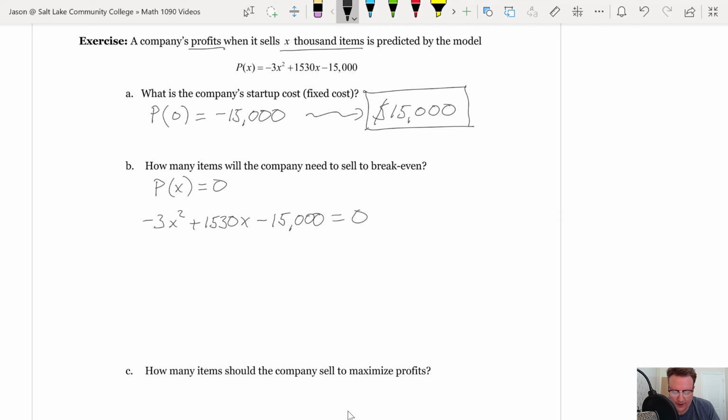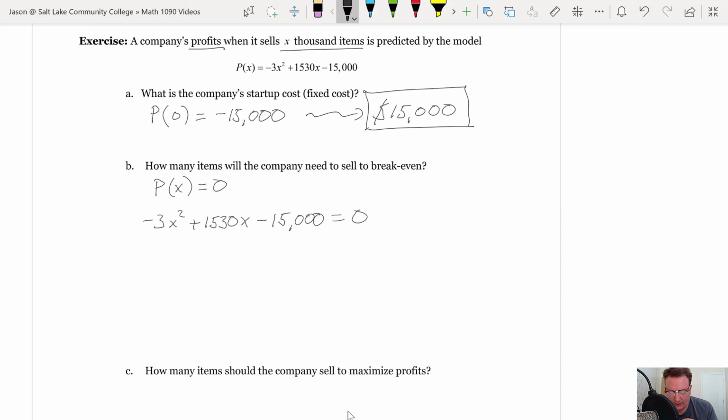I want to factor this. But before I begin the reverse of FOIL, I noticed that every single coefficient in this function has a factor of 3 in it.